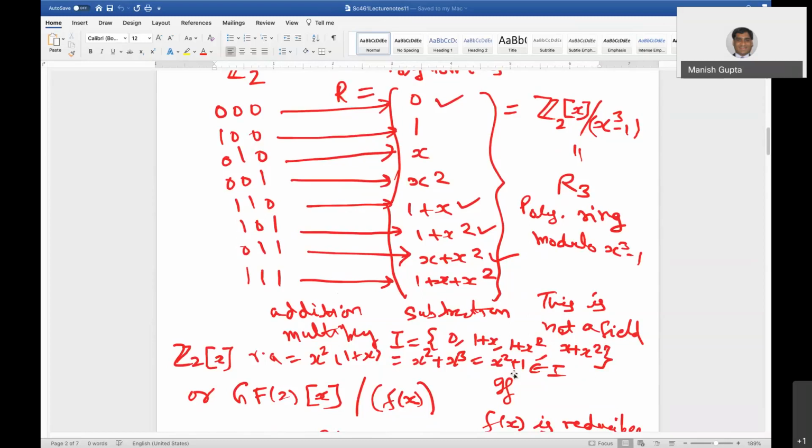You can try all the properties. This is known as a principal ideal.